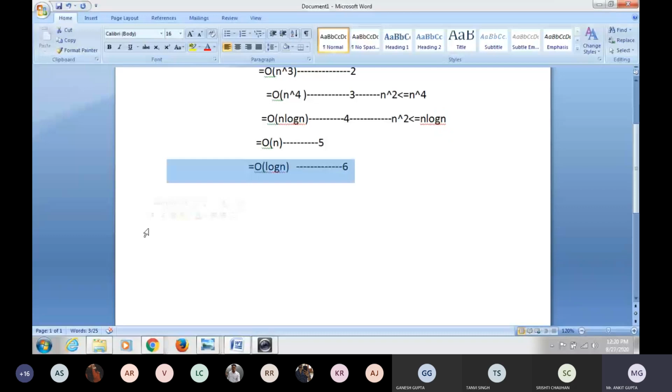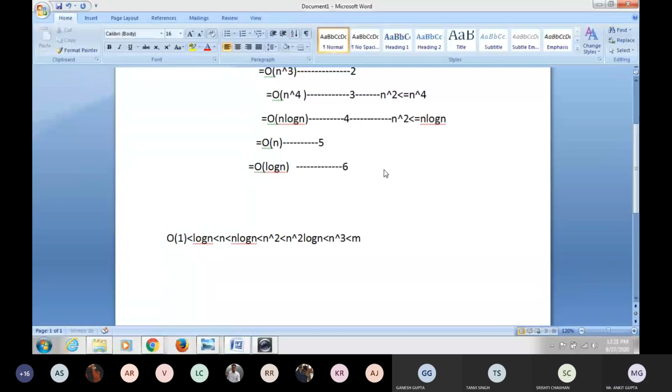I have discussed it in one class. Order of 1, constant, is less than log n, less than n, less than n log n, less than n square, less than n square log n, less than n cube, less than n cube log n, and so on.